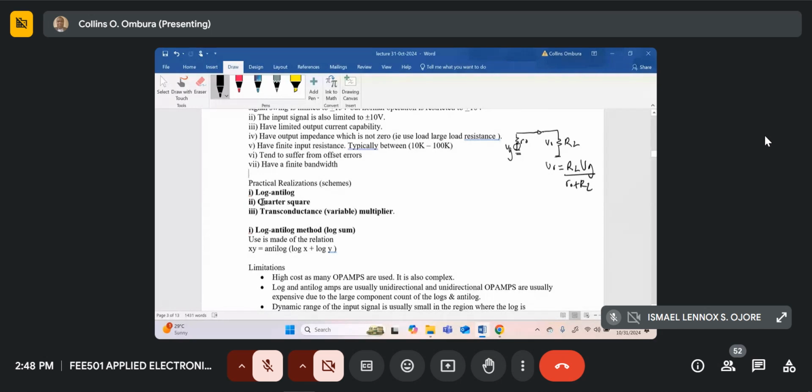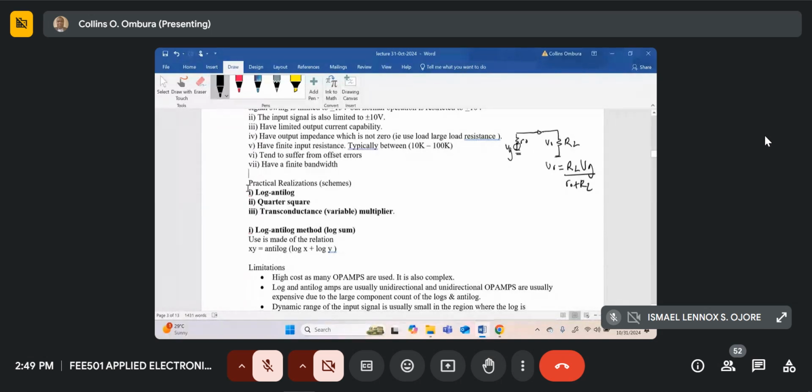The second method is the quarter square technique, which we shall see later on. And the last method, which is the method used by most in the industry, is the variable transconductance multiplier, or sometimes just the transconductance multiplier.